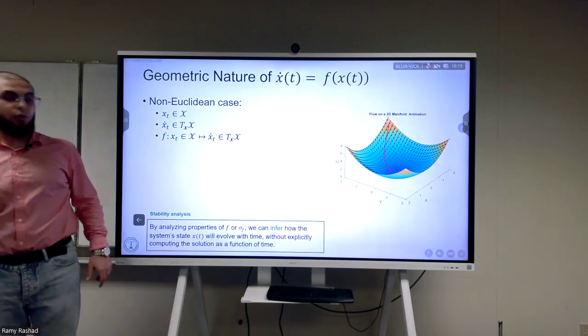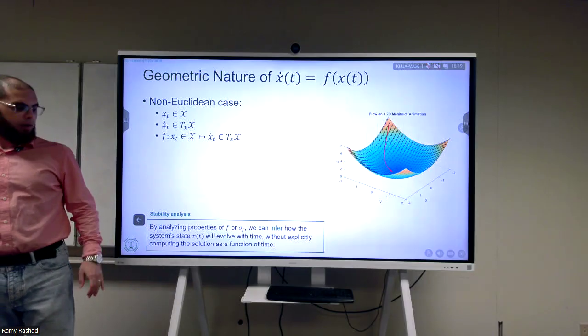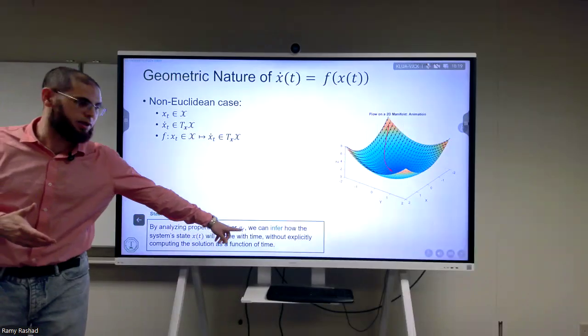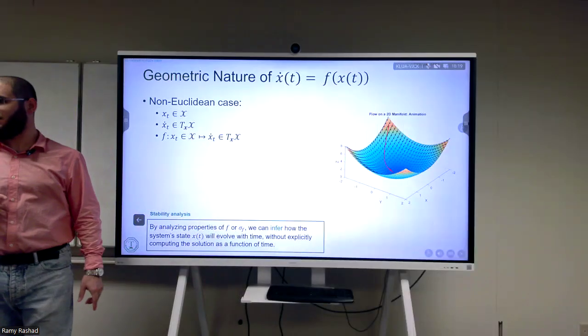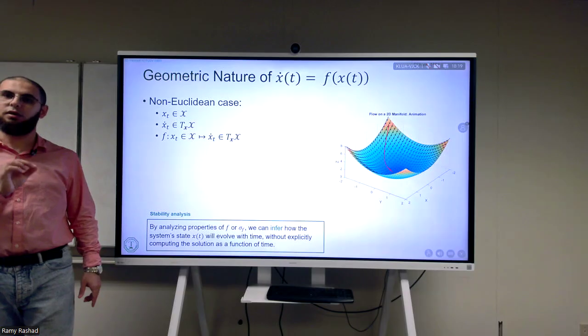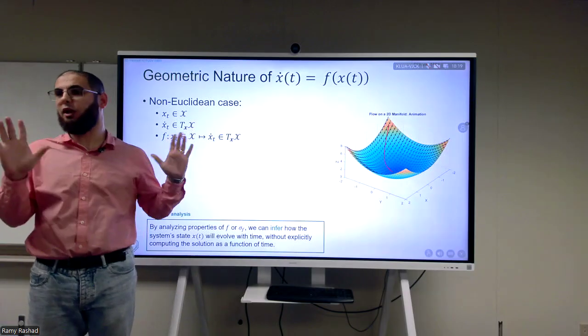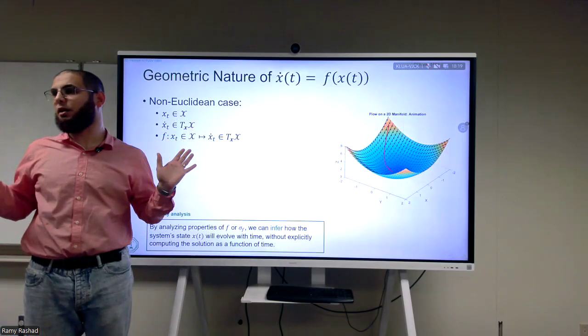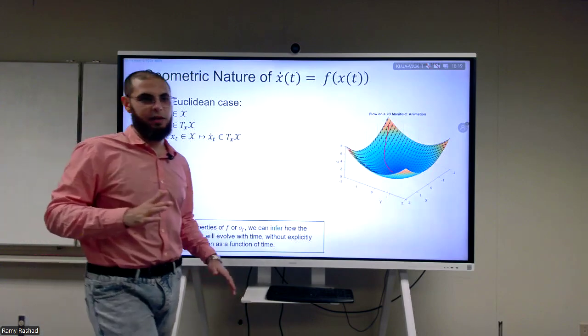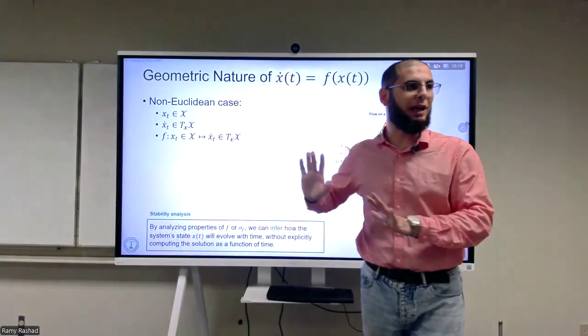And if we want to do stability analysis, we can just take the properties of F, or this vector field sigma F. And this is something very strong. This happens for ODEs alone, not for general dynamic equations. For PDEs, we don't have that. And we're only looking at ODEs here.